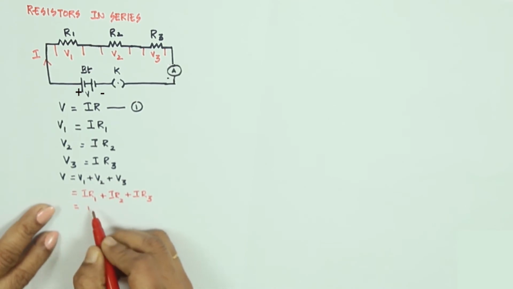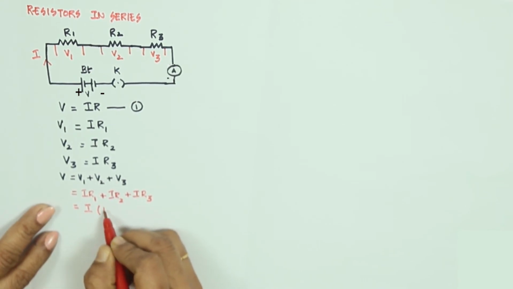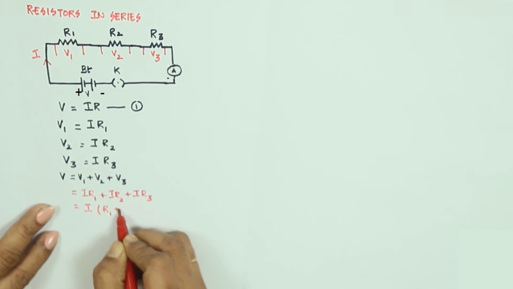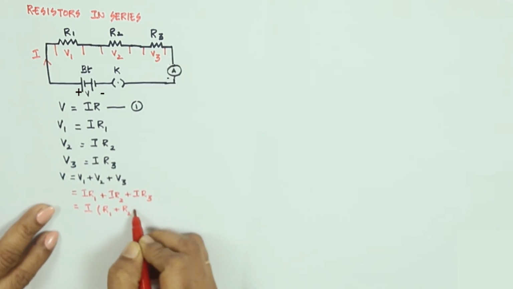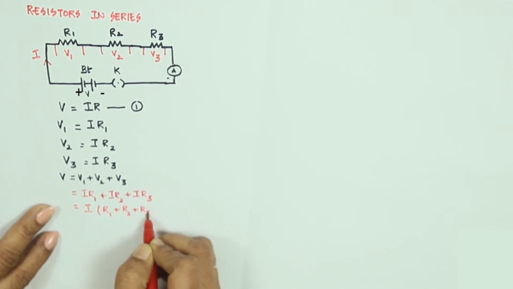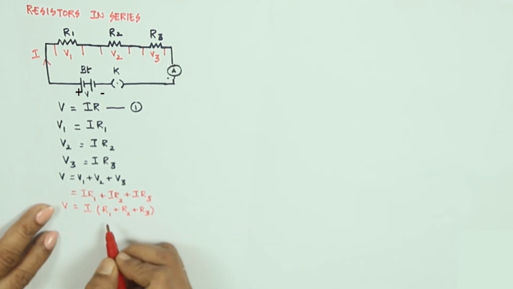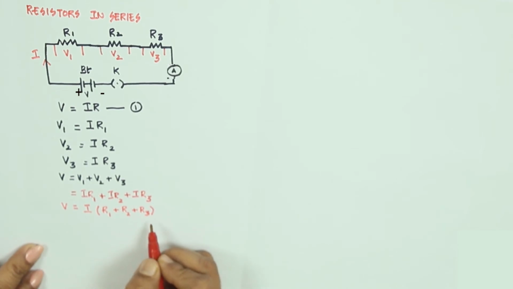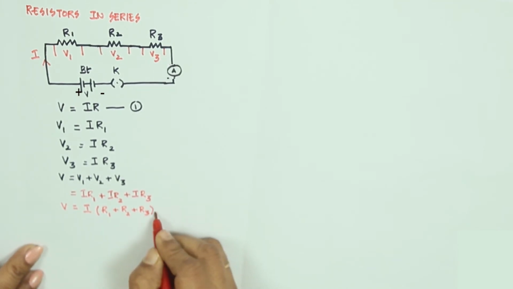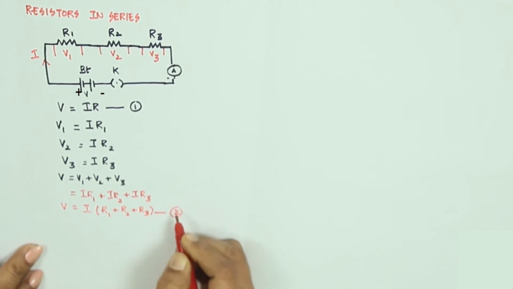So it is I into R1 plus R2 plus R3. So V will be equal to I into R1 plus R2 plus R3. Let me take this as equation 2.